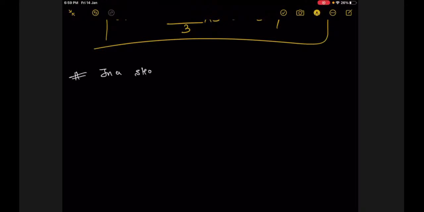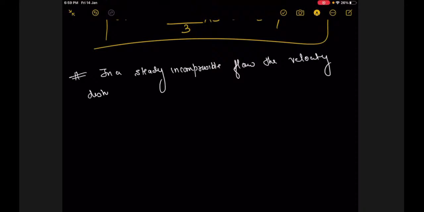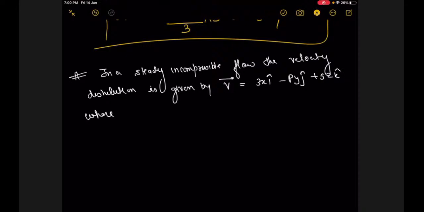In a steady, incompressible flow, the velocity distribution is given by velocity vector equals 3x i cap minus p y j cap plus 5z k cap, where V is in meter per second.